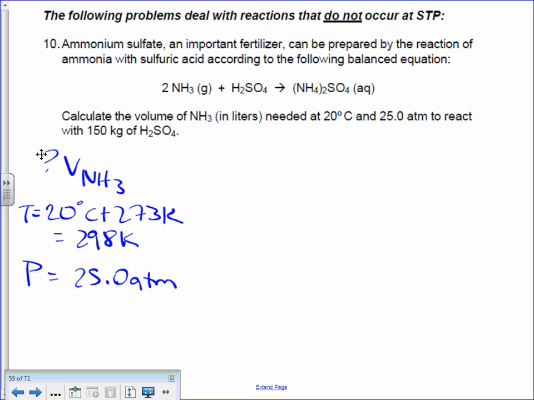Mole ratios don't discriminate. They can compare any. Oh, all right. Yeah, reactant to reactant is fine. I thought it had to be on the right. That's why I got really confused for a minute.